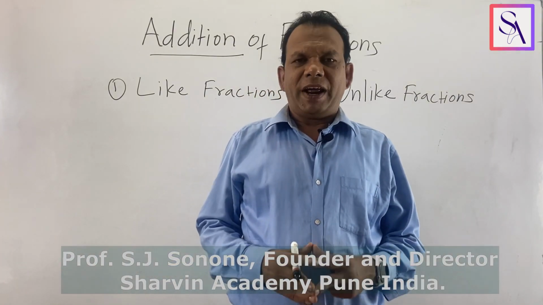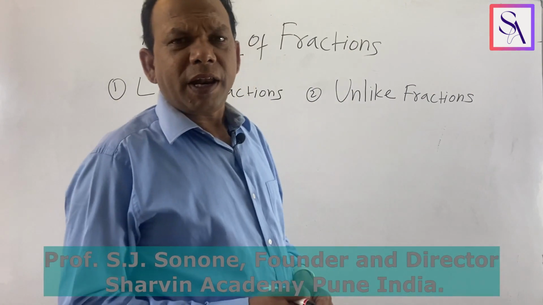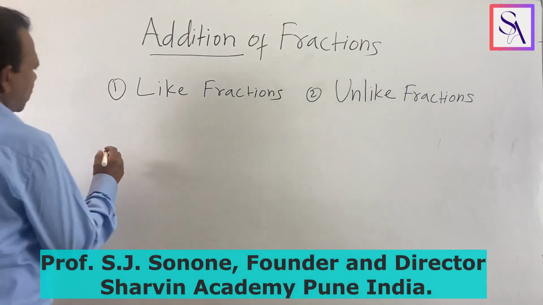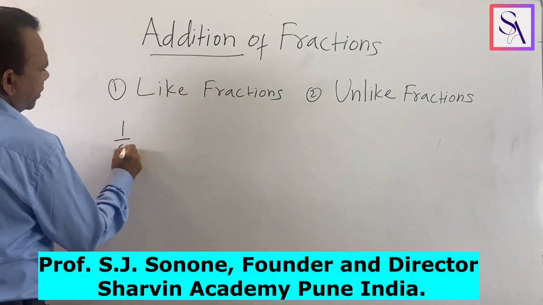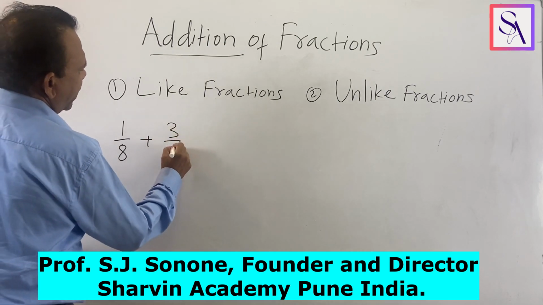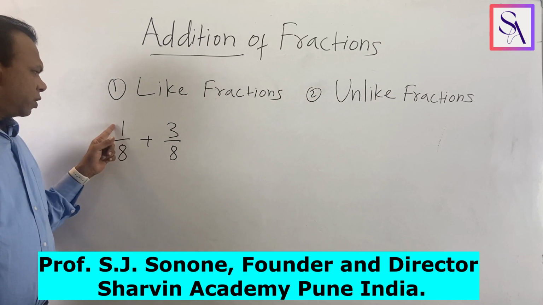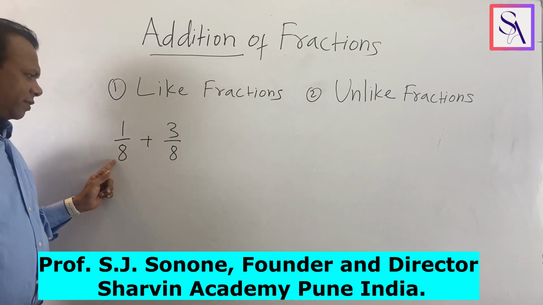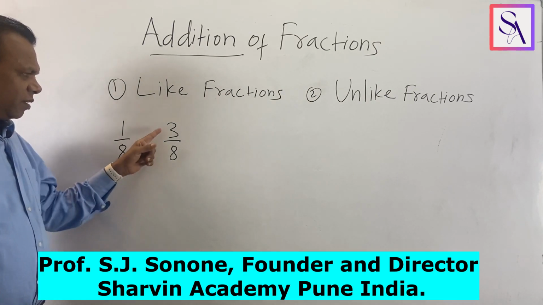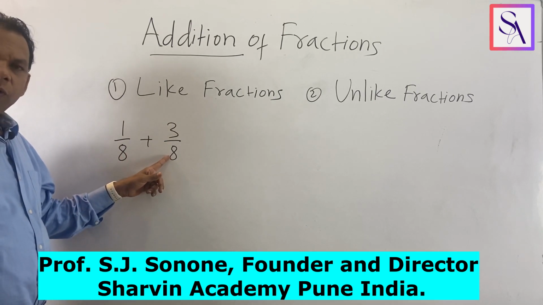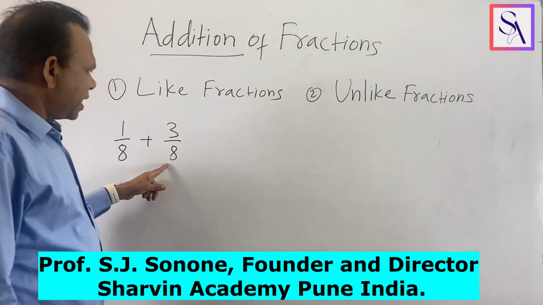Addition of fractions. So take an example, 1 by 8 plus 3 by 8. So this 1 by 8 is a proper fraction. This 3 by 8 is also a proper fraction, right? We have learned that proper fraction.